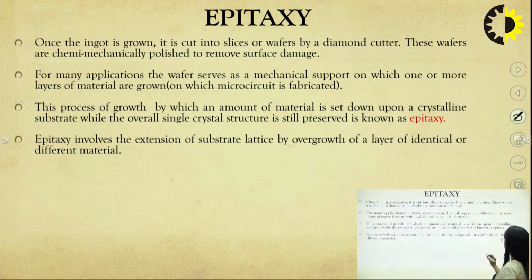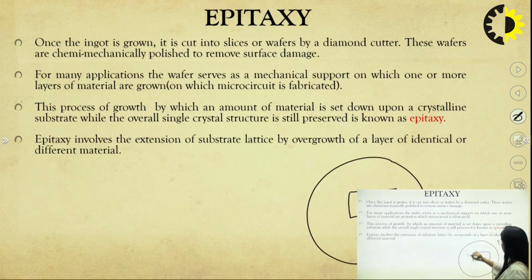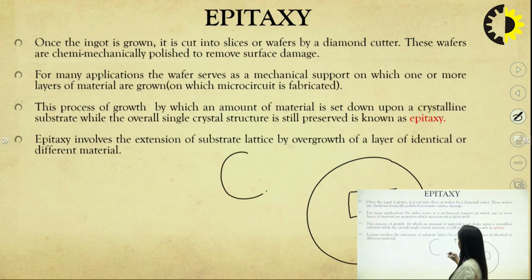Let's say we have a wafer, and the size I have drawn for a transistor is quite big. Considering a wafer, we can have millions of transistors on the same wafer.